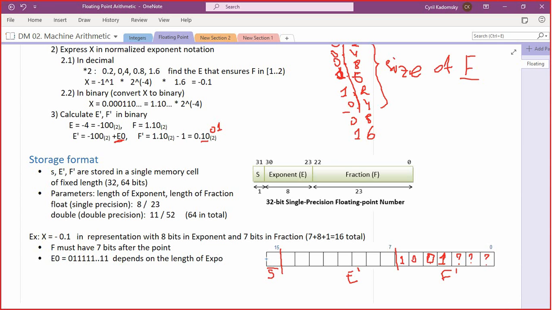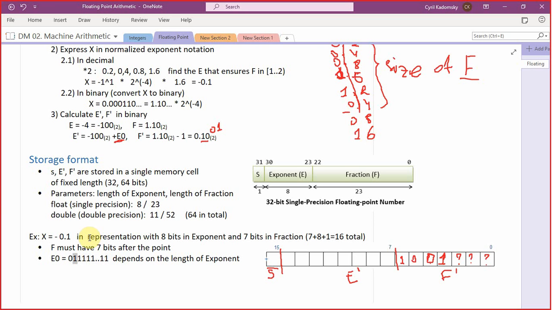We should fill all bits with ones except the first one. Why? Because it is exactly the middle of the range of numbers that we can represent with this section of our number.